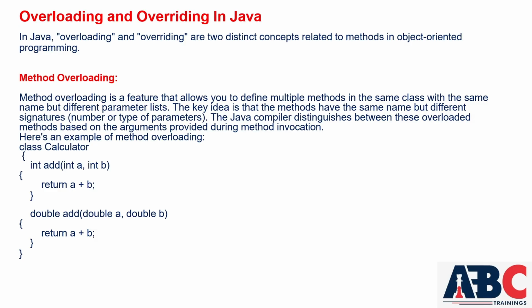Then the Java compiler distinguishes between the overloaded methods based on the arguments provided during the method invocation.